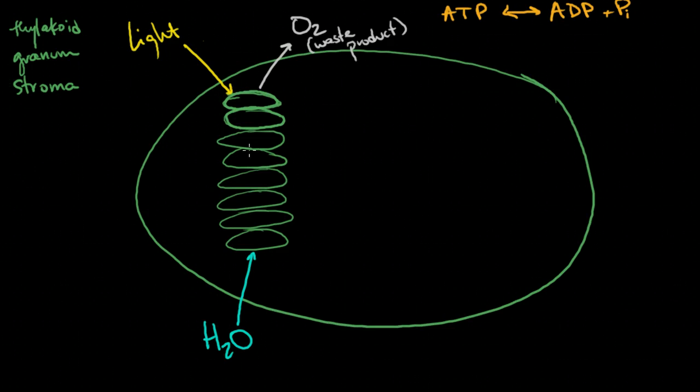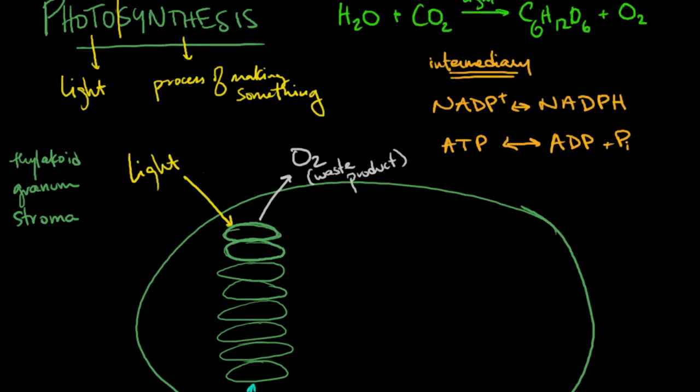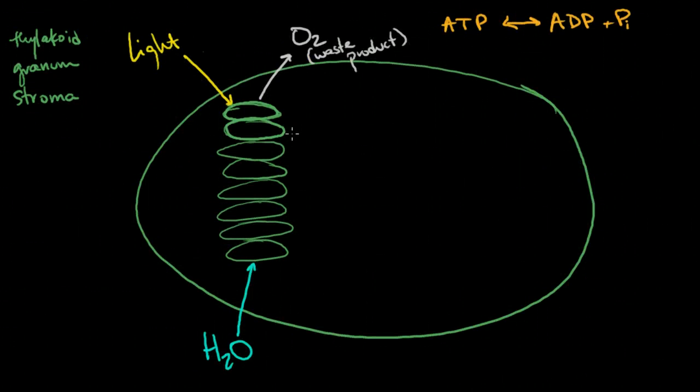So I'm going to use this orange to refer back to these intermediary molecules. And what ends up coming off of this reaction is NADPH. And a good way to remember that NADPH is associated with photosynthesis is this P for photosynthesis.